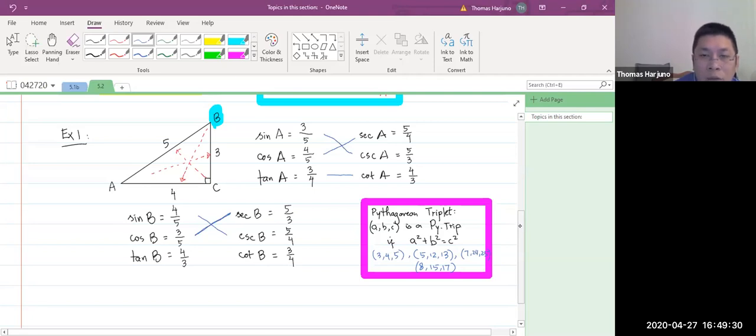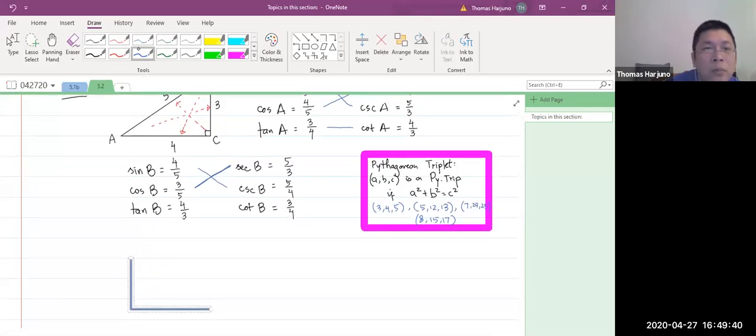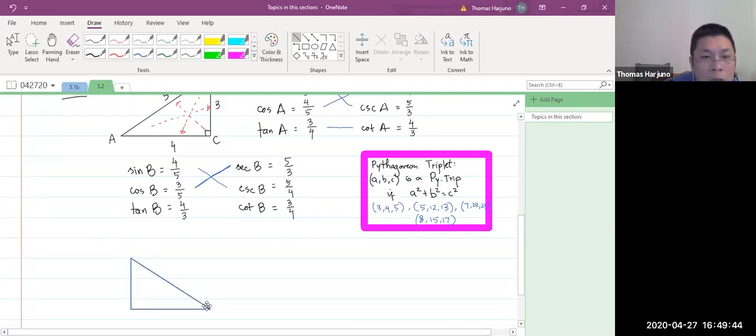Now, if you see, for example, a right triangle as the following, and you see the hypotenuse is 25, and one leg is 24.